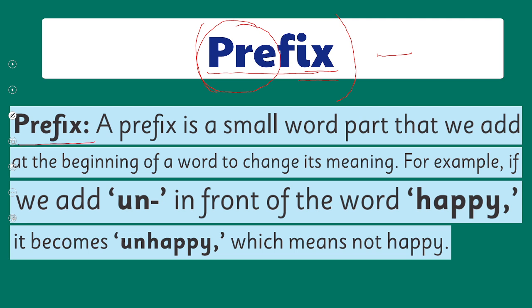So what is a prefix? A prefix is a small word part that we add at the beginning of a word to change its meaning. For example, if we add un in front of the word happy, it will become unhappy, which means not happy. So un is a prefix.